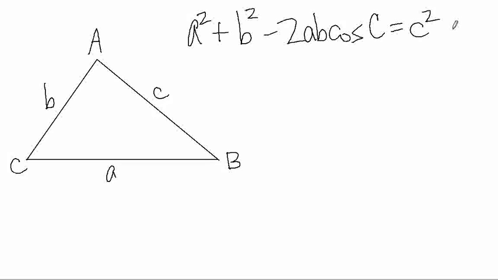So you can use the law of cosines for that as well. Now the difference is that the law of cosines requires you to know the cosine of a certain angle measure. Okay? The good news, however, is that the law of cosines applies to any triangle, not just right triangles like the Pythagorean theorem.